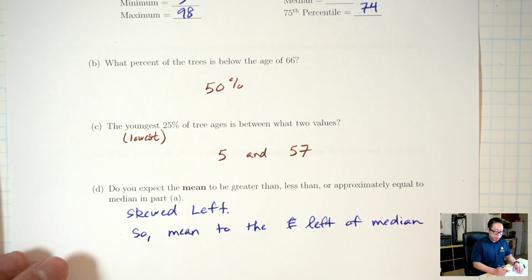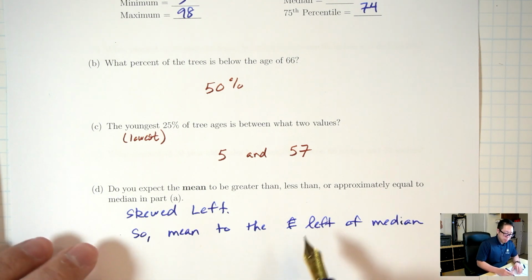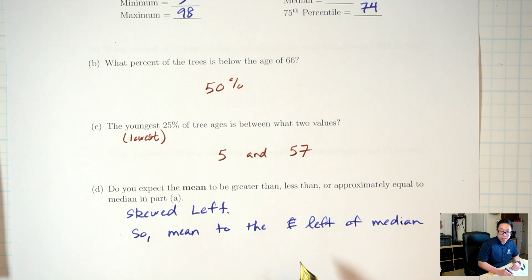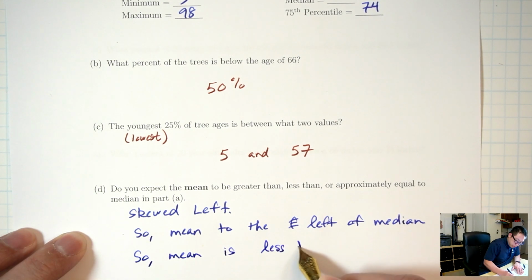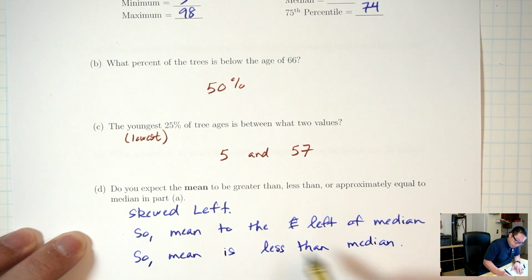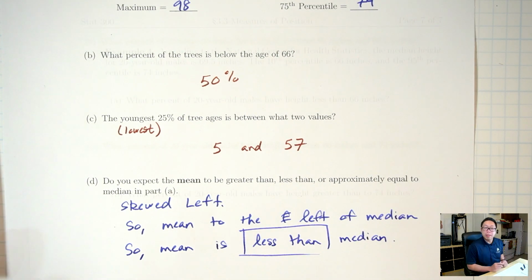But what does that mean? So being to the left means what? Is that less than, greater than, or equal? Being to the left means that you're less than, right? So the mean will be less than the median.